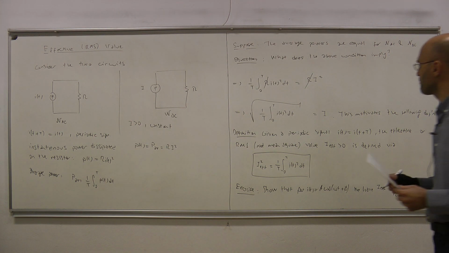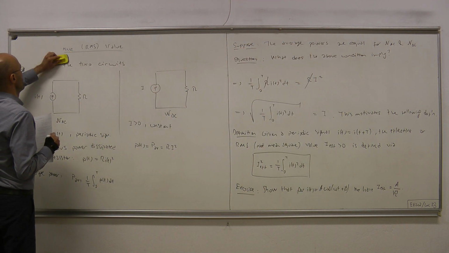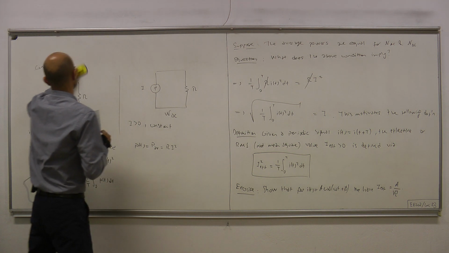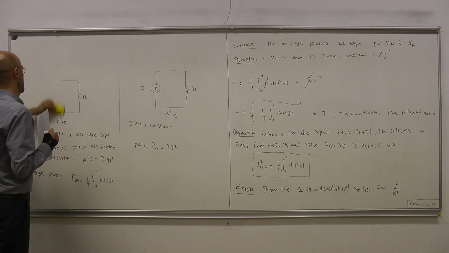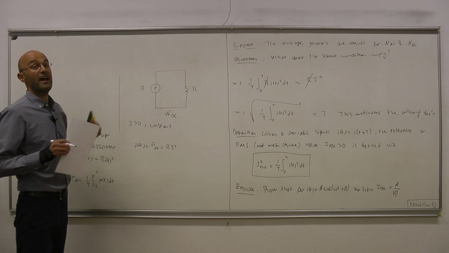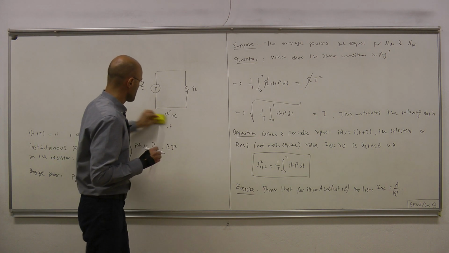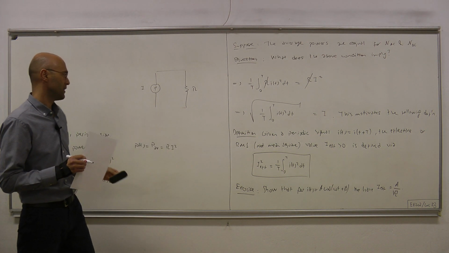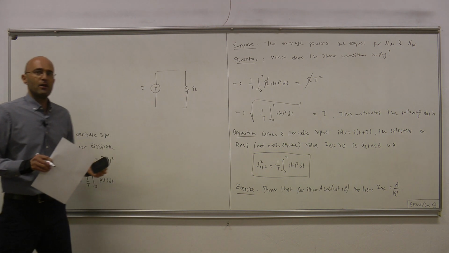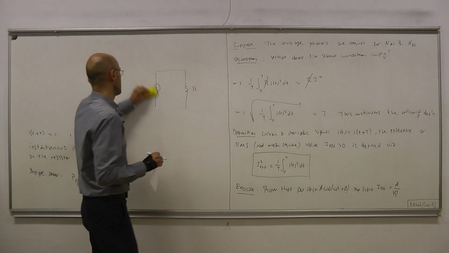Okay, now having defined effective value for a periodic signal, we're now ready to start talking about powers, in particular average powers of certain components like resistors, inductors and capacitors that belong to a circuit, an LTI circuit in sinusoidal steady state.